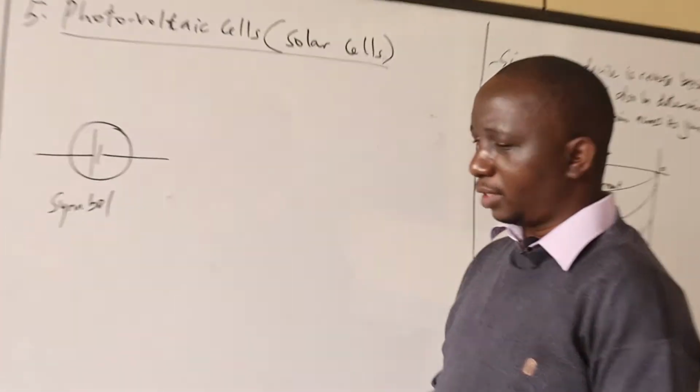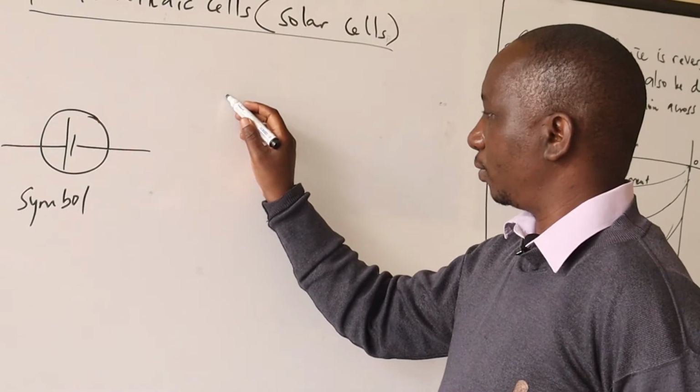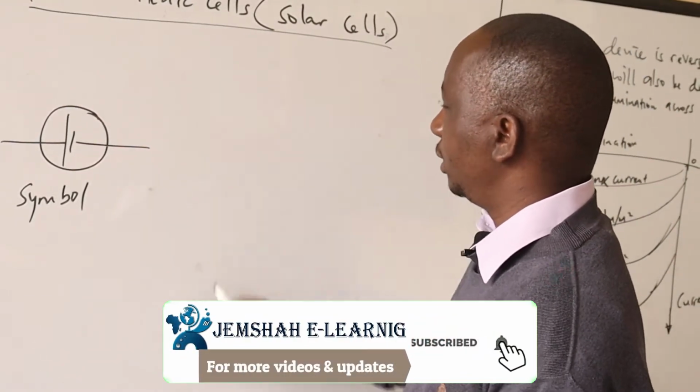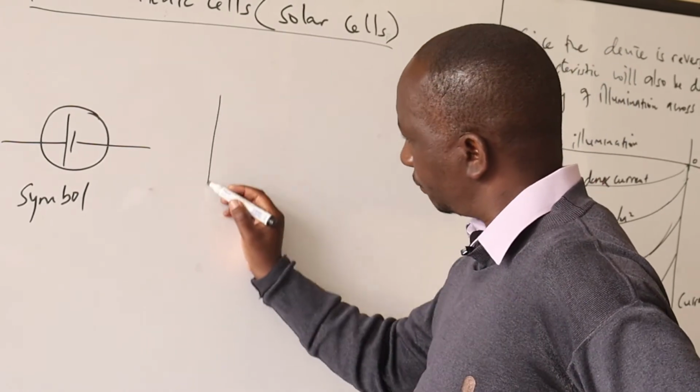And also we have to have the basic construction of how this solar cell looks like, so that when we are explaining it, it becomes very easy.